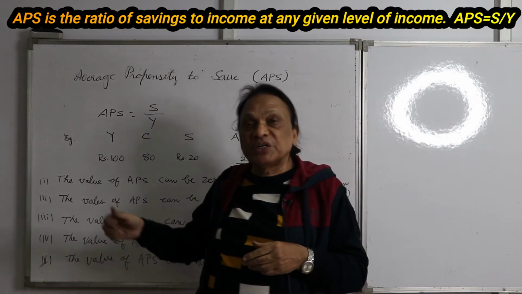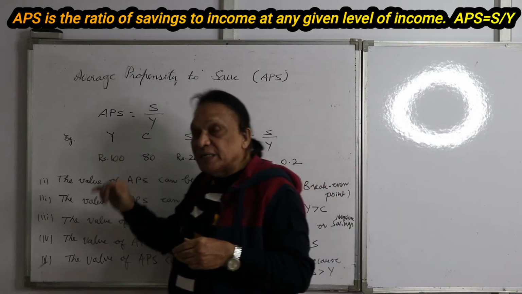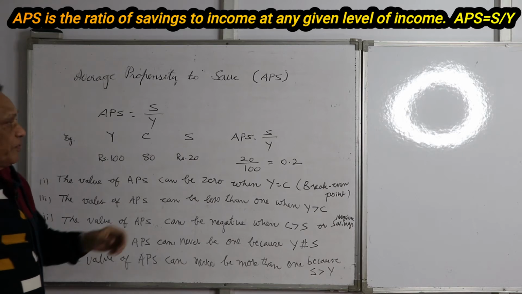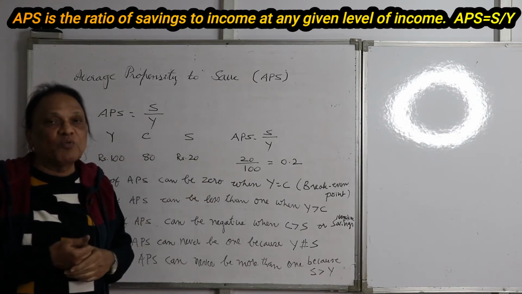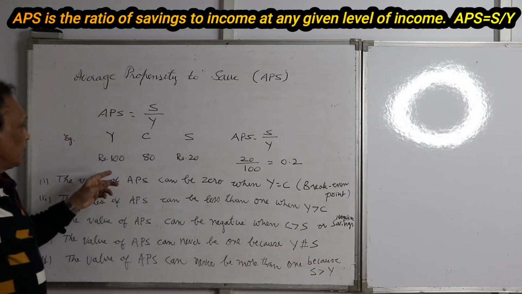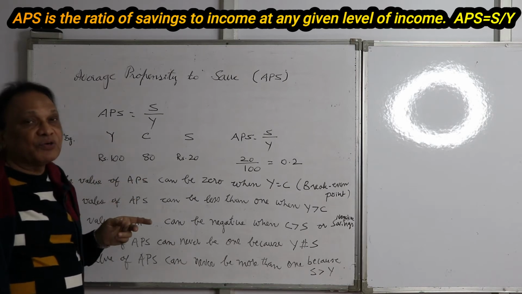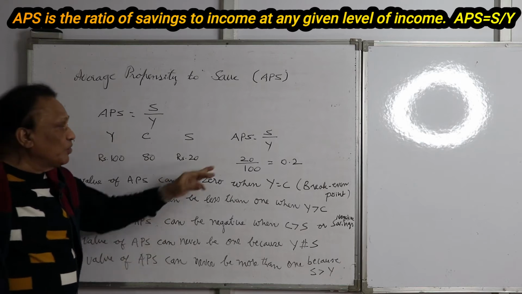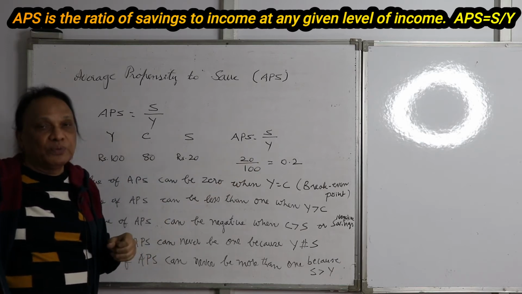So we take one illustration example here. Y stands for income, C stands for consumption, S stands for savings. APS is equal to S upon Y. As I told you, income is maybe 100 crores here, consumption is 80 and savings are 20. So 20 upon 100 is 0.2.